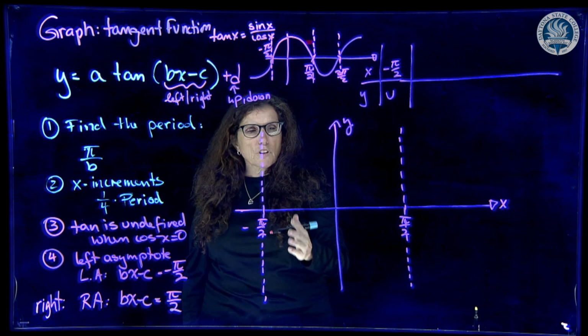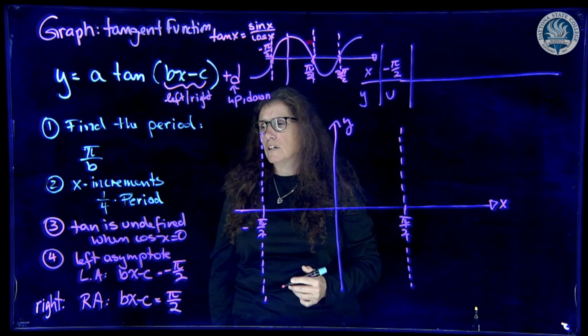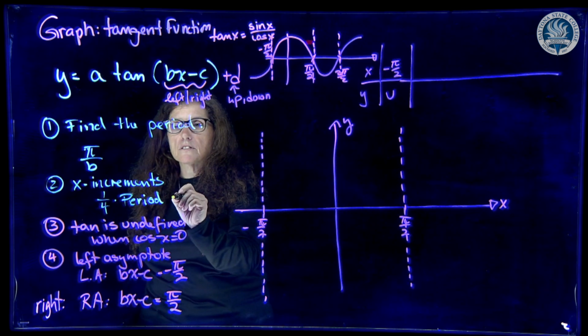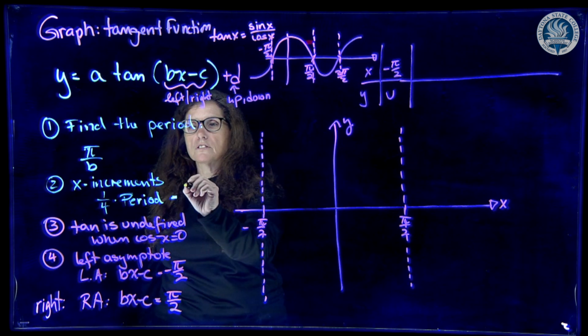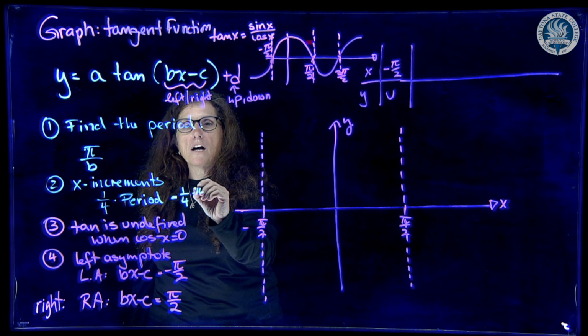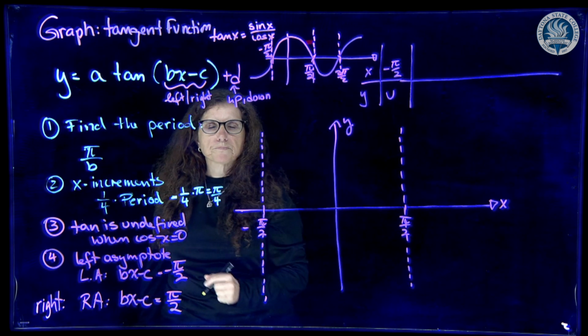Now, to find the other key points, we have to calculate the increments. The increment of a basic tangent function is 1/4 times the period, which is pi. That leaves us with pi over 4.